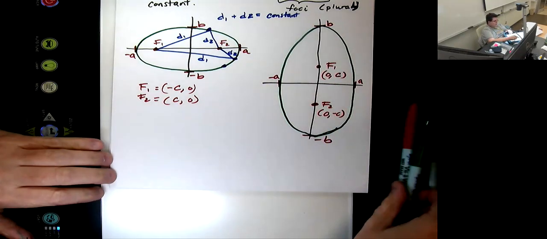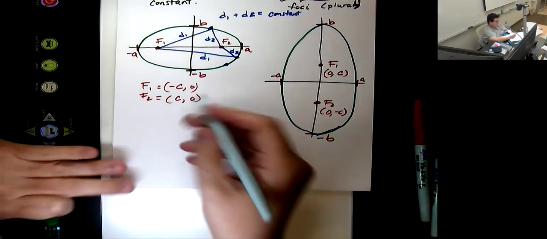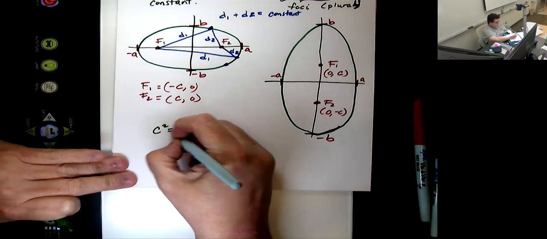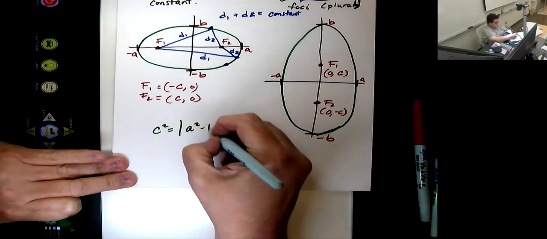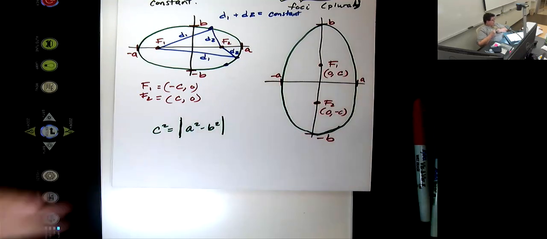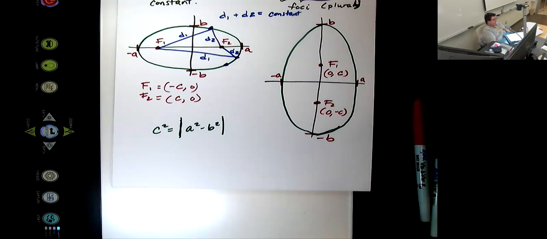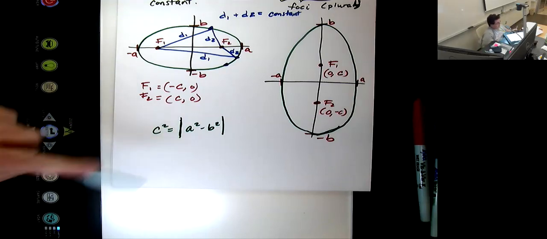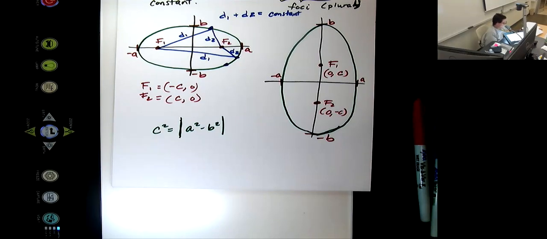The easiest way to do this is say C squared equals the absolute value of A squared minus B squared. The book will mix around X and A and Y and B to try to make this A squared minus B squared or B squared minus A squared. But if you just do C squared equals A squared minus B squared and do the absolute value, you can find the distance to the focus right away.